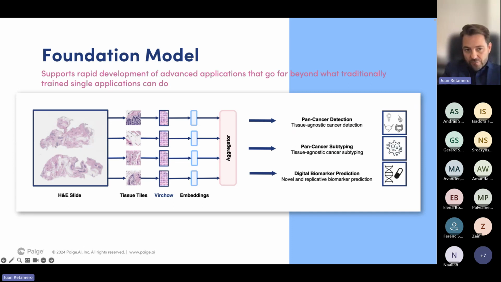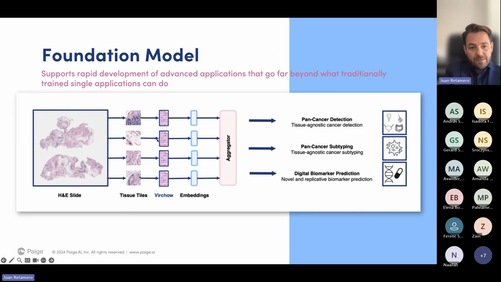Essentially, the role of the foundation model, or the way in which it works, is to capture, out of a digitized H&E slide, only those areas that have tissue and to break this tissue into little tiles measuring 224 squares.